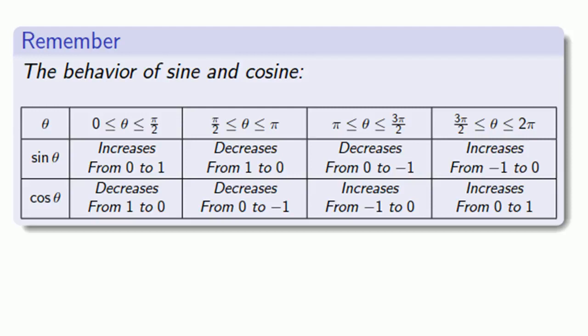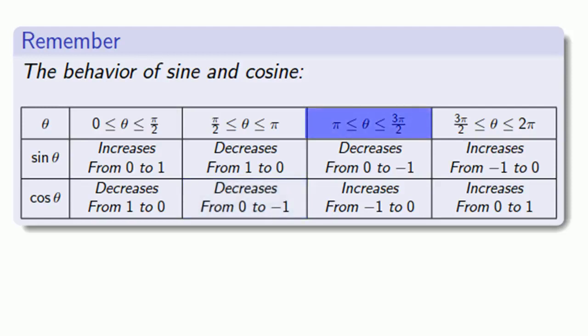So the thing to remember is that between 0 and pi over 2, sine will increase from 0 to 1, while cosine decreases from 1 down to 0. Between pi over 2 and pi, sine then decreases from 1 down to 0. Cosine continues to decrease from 0 down to minus 1.